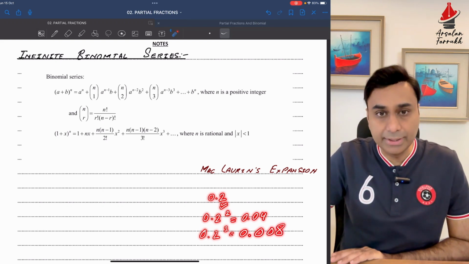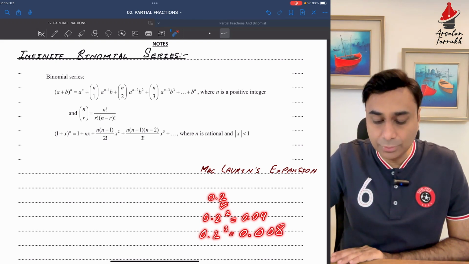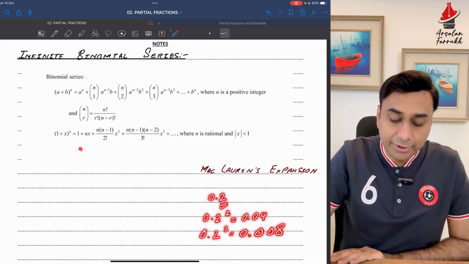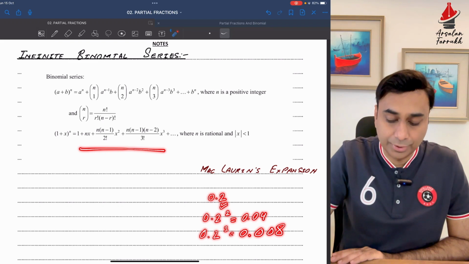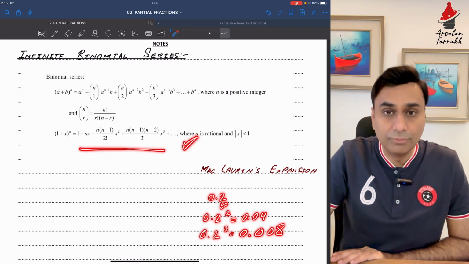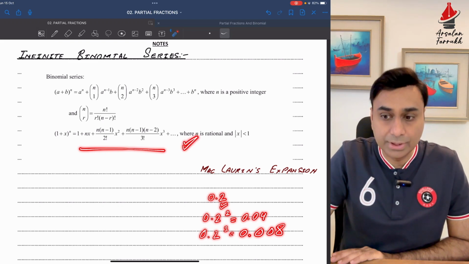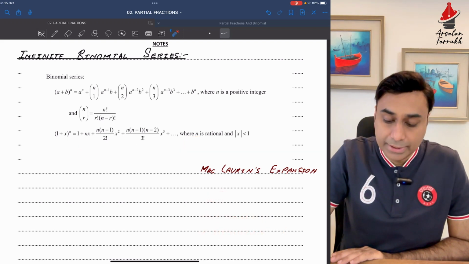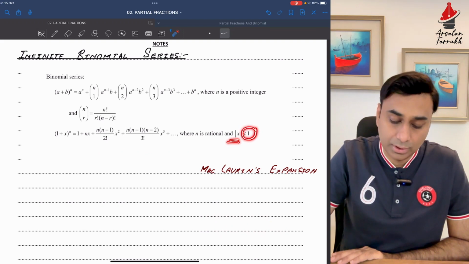So with every increasing power, the value keeps on becoming smaller and smaller, which is why this gives us a very good approximation or estimation, because higher powers of x will give us smaller values and they can be ignored, which is why this expansion is only valid for absolute value of x less than 1.